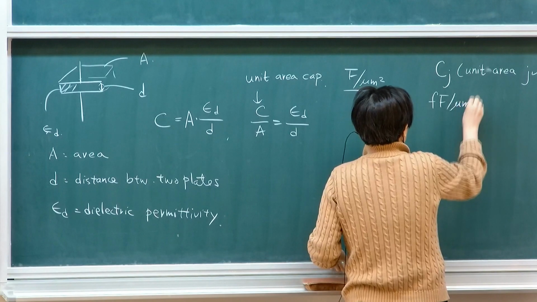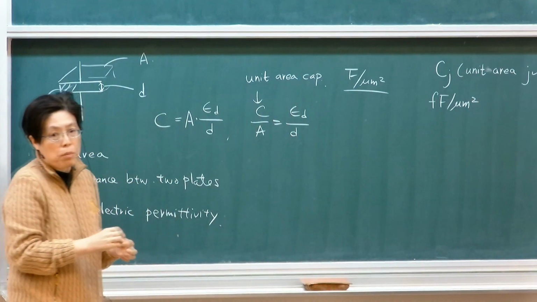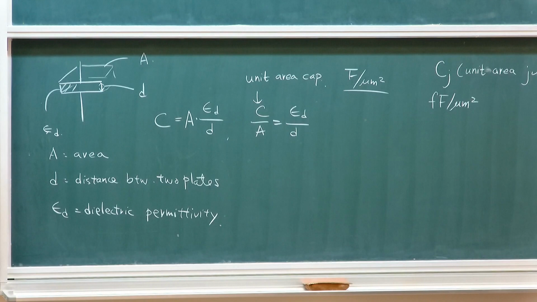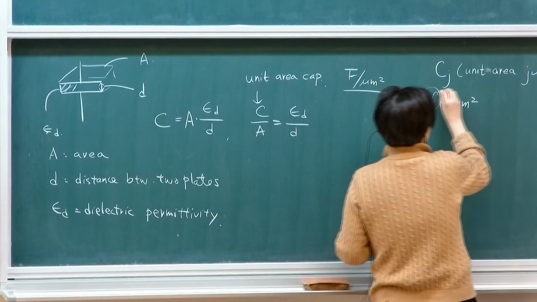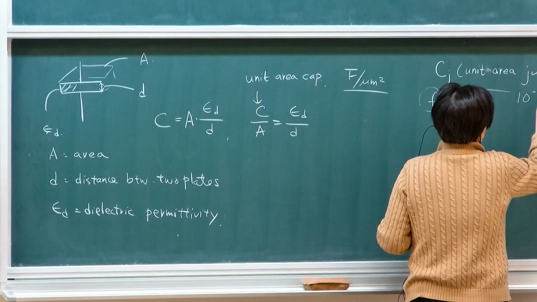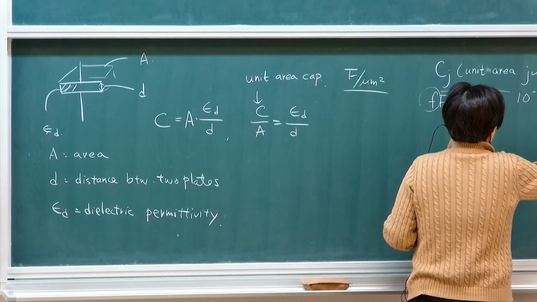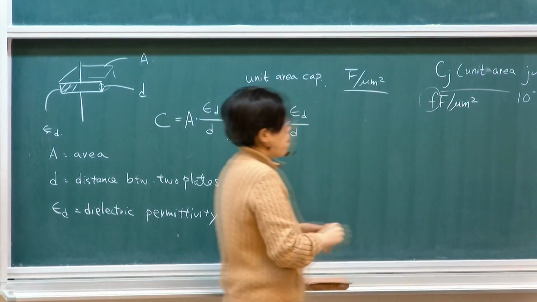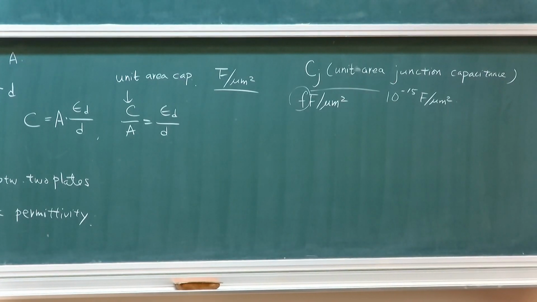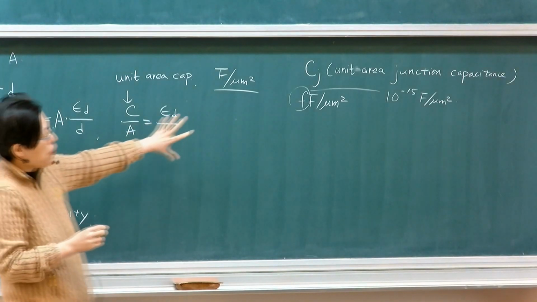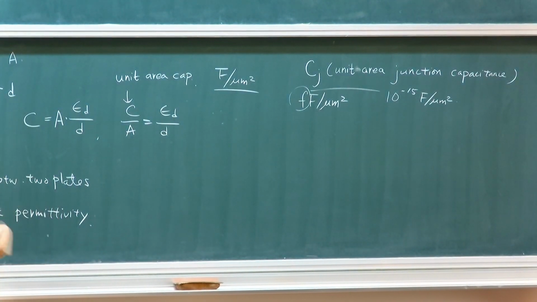Once again, remind me what femto is. 10 to the minus, how much? 15, correct. So this is 10 to the minus 15. Remember, it's very, very small. And junction capacitance is especially small because it depends on how much it is depleted. We're going to talk about that when we talk about other layers in integrated circuits.